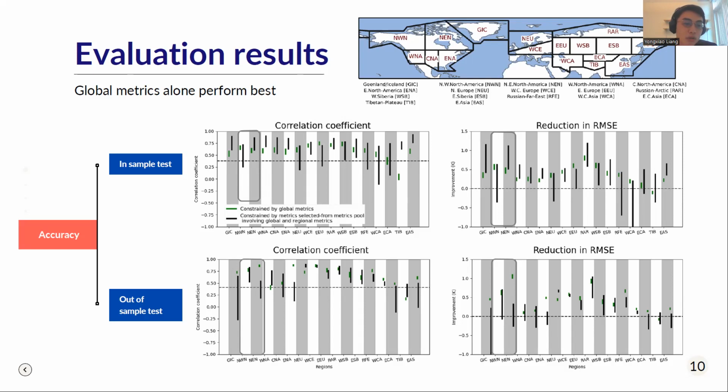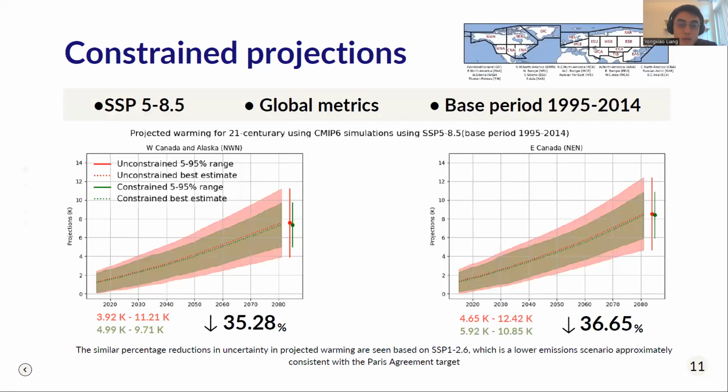Regarding the time, I will not introduce the effectiveness and the reliability, but for the other two aspects we also show the global metric alone performs the best, with limited impact of internal variability, and does not show overfitting compared with involving the regional constraint. So the evaluation suggests that the global metric performs the best.